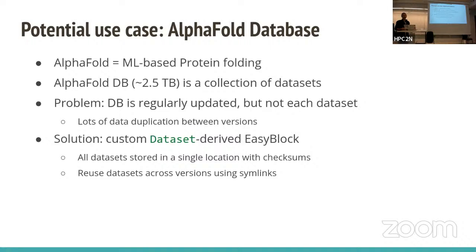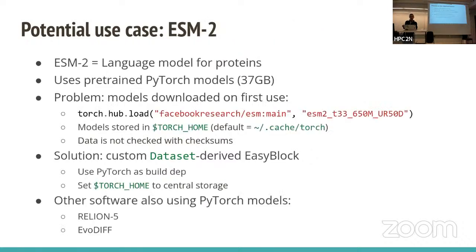So ideally, you would only download the data sets that have changed. And for each version, use symlinks or some other solution so that we can save space. And we can perfectly do that by making a custom EasyBlock for that. And then we just have to make a small section for the download and for the installation. But that's for future work.